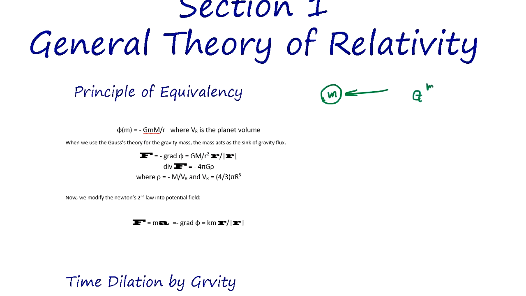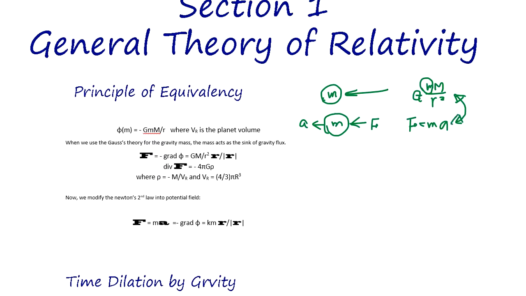Gravity constant. This mass, and you have a mass. When you calculate acceleration, right, as the same mass. Why?